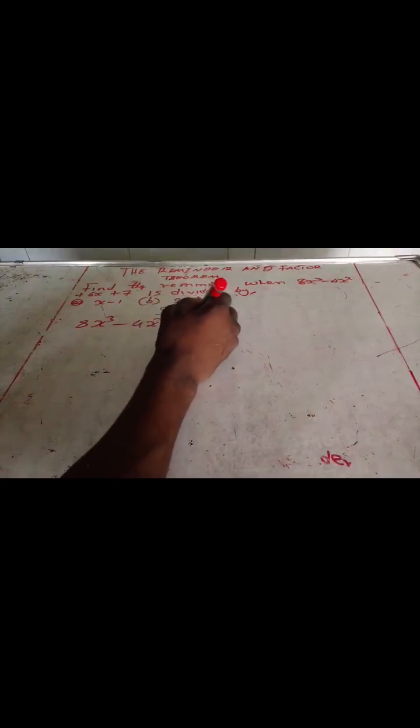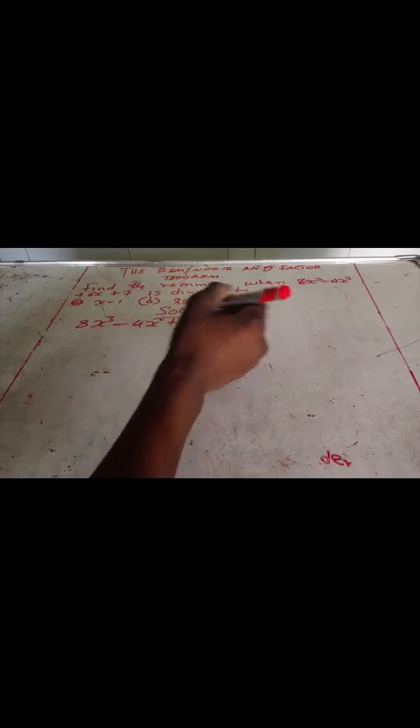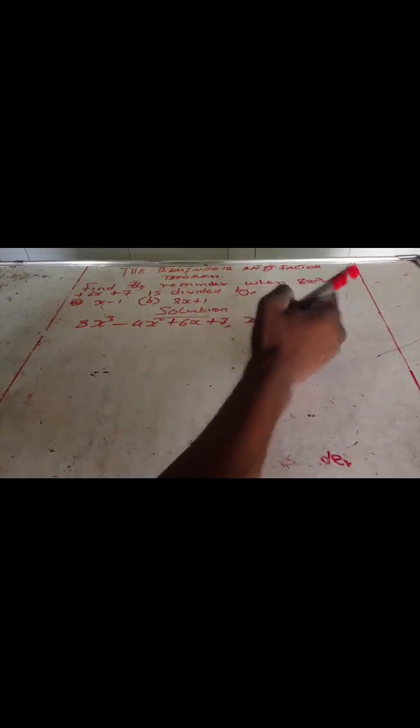The first stage is doing what we did at the first, by rewriting this polynomial 8x cubed minus 4x squared plus 6x plus 7. It's divided by x minus 1.